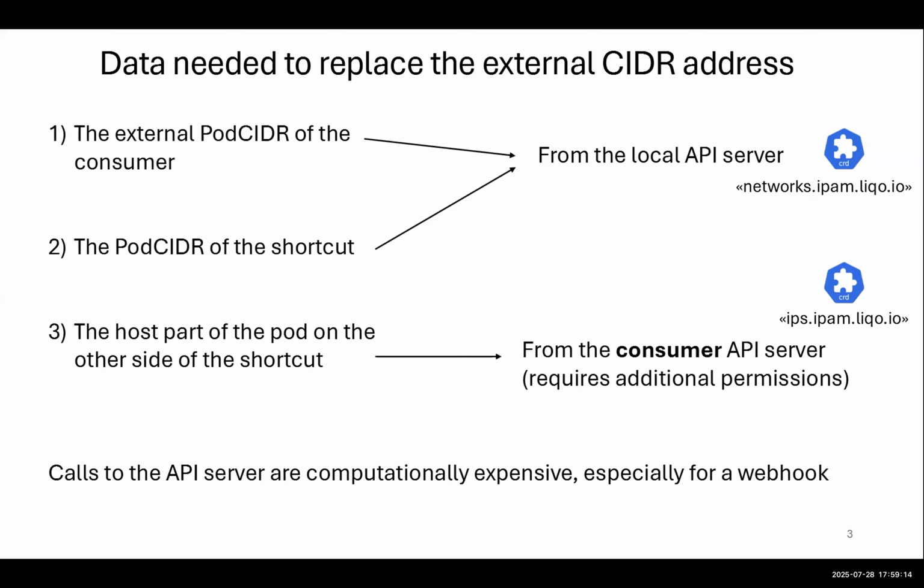I also don't like so much the fact that you need to contact the consumer API server from the provider. Also, this part of the workflow is not so good, because the last time when I was suggesting you to use webhooks, for some reason I was thinking that the shadow endpoint slice was created in the consumer cluster, but obviously it's not that.